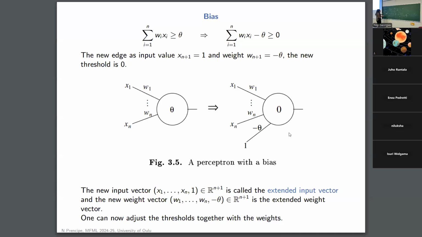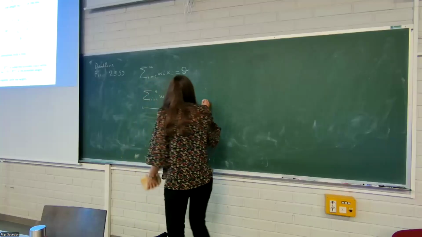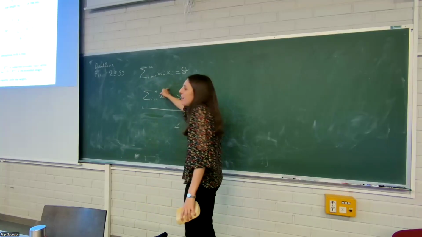Why do I do that? Let's take it. It's the same when it's minor, okay? What I do is crazy math: I take this and bring it to the other side.